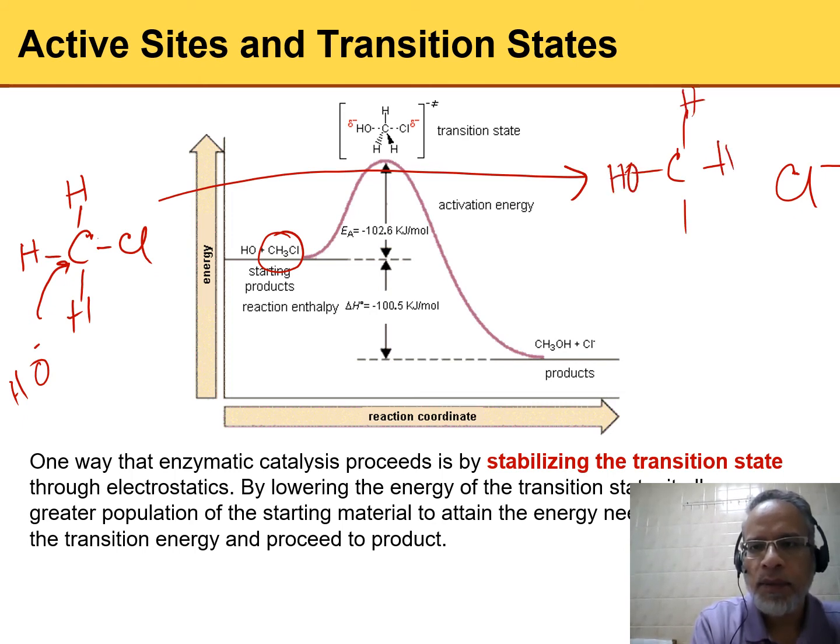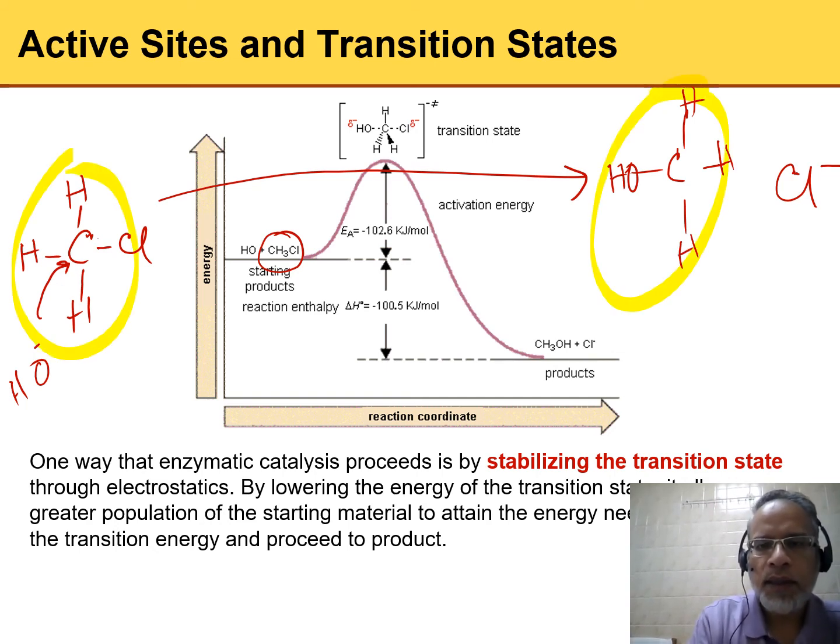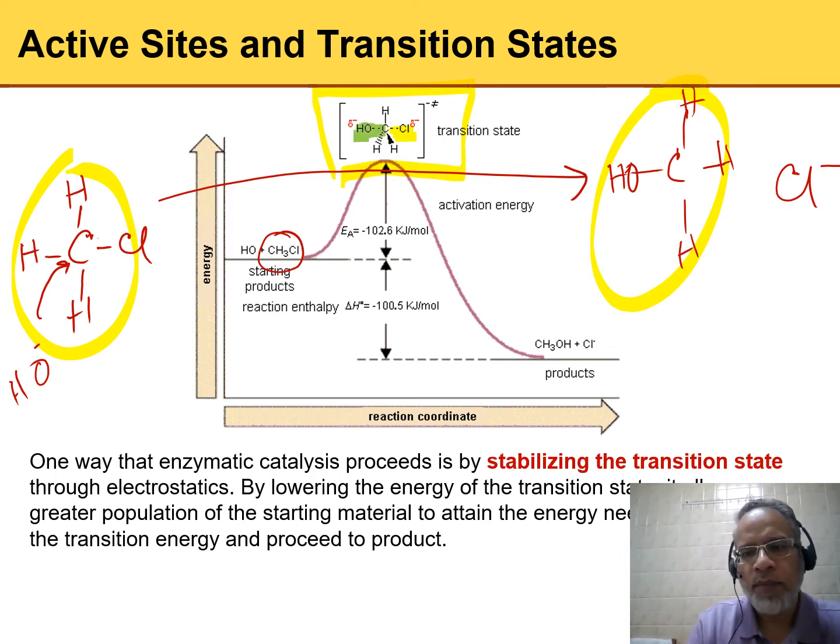So this guy is the product and this is the reactant. Now what is the transition state in between? They're showing you the transition state would be where you see the chloride leaving and the hydroxy group being added, right? So you have a bond being broken and a bond being formed. And that's called the transition state.